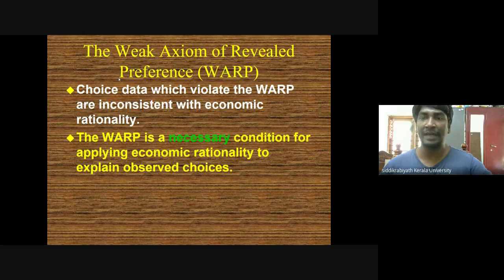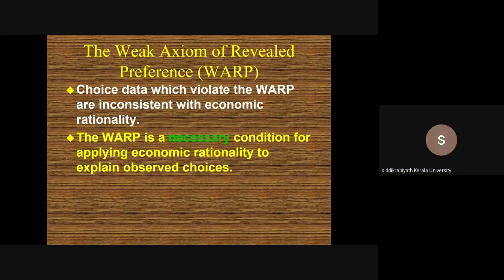If you violate the direct revelation, then that is not going to create a sort of rationality. This is the first and foremost point someone would like to keep in mind. Okay, so that is there, and then WARP is a necessary condition for applying economic rationality to explain observed choice. So this is also very important as far as this particular theoretical formulation is concerned.